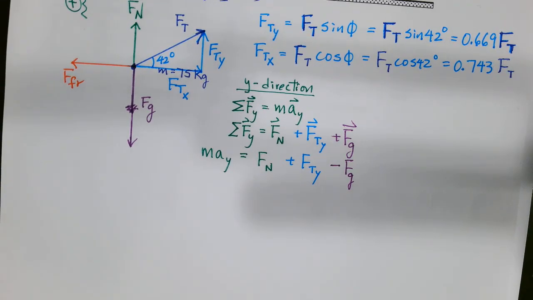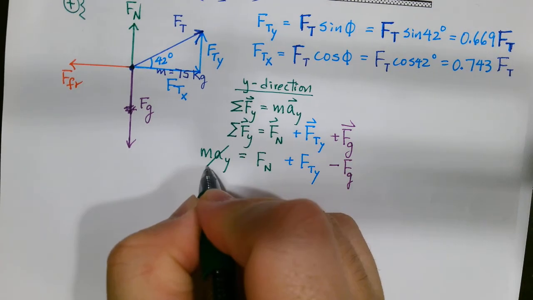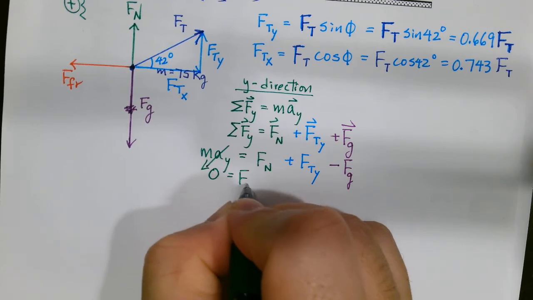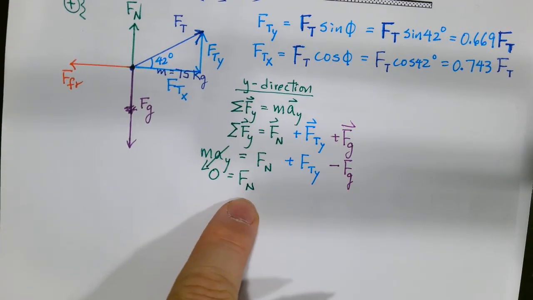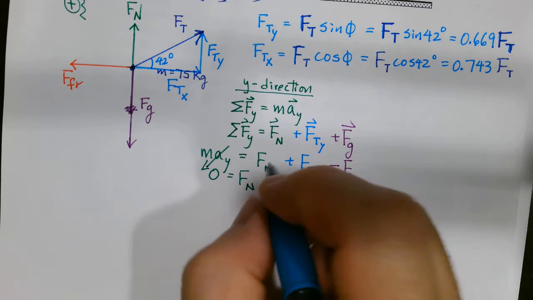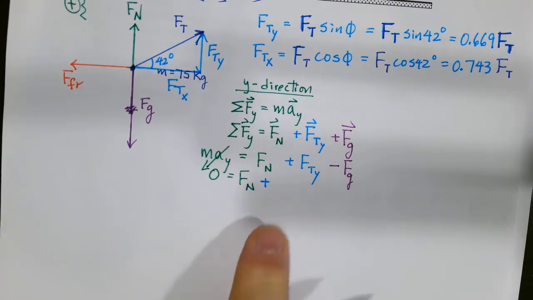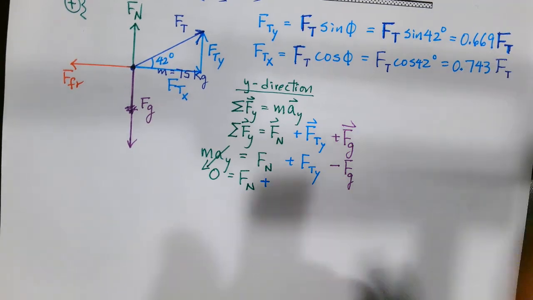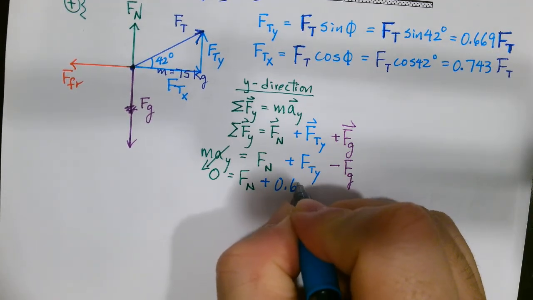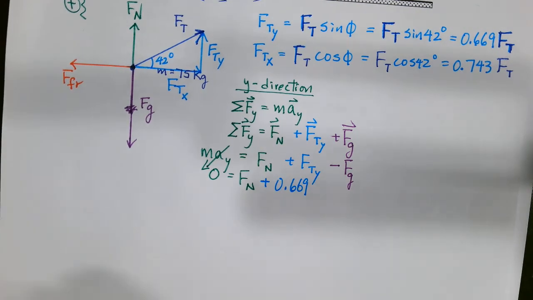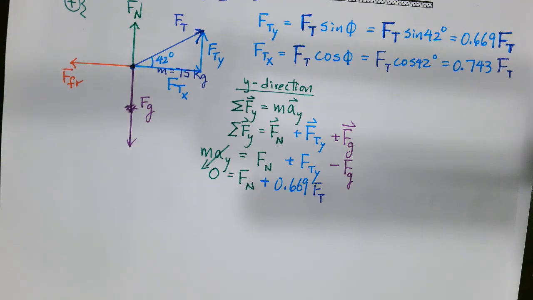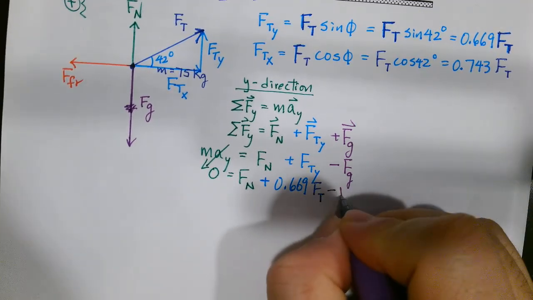We already established that a_y is 0, so this whole term just goes to 0. So 0 is equal to F normal, which we don't know what that is yet, plus F tension Y, which is 0.669 times F tension, minus mg.